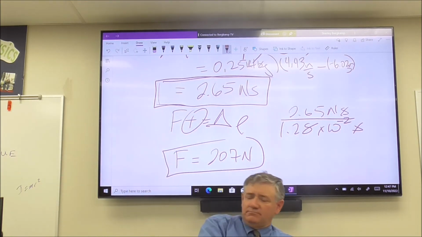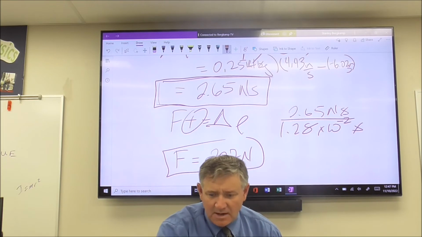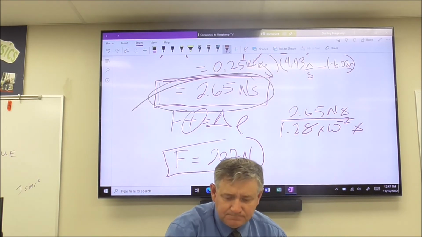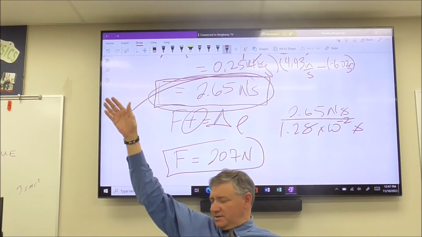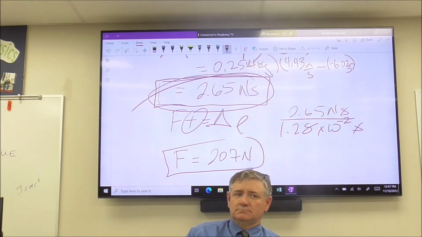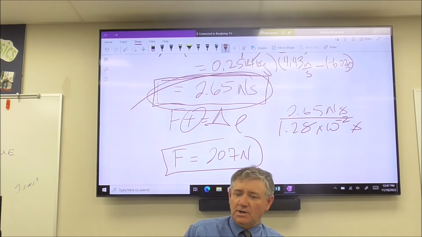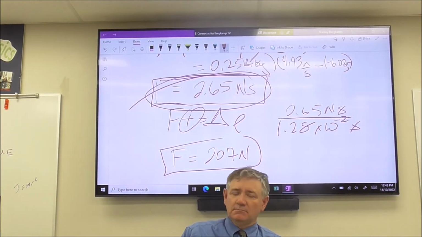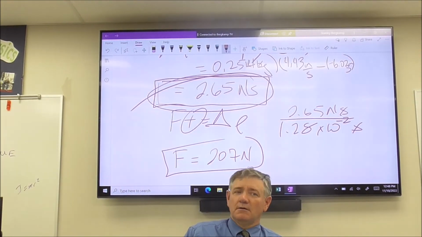Now, the ball hit the earth. That was a change in momentum of the ball. When the ball hits the earth, what's the change in momentum of the earth? Negative 2.65 Newton seconds.